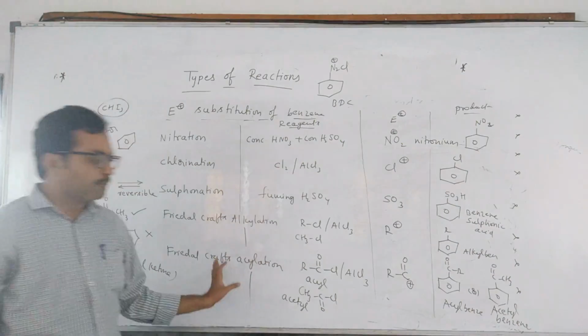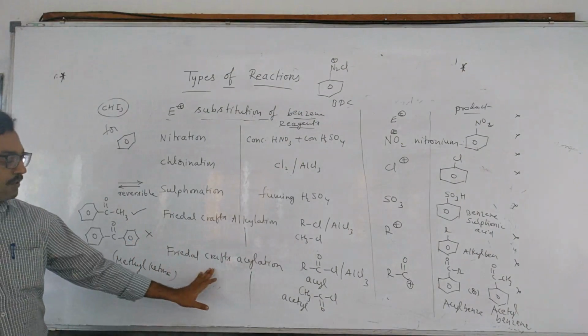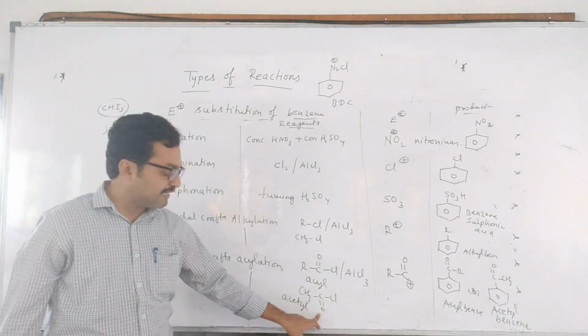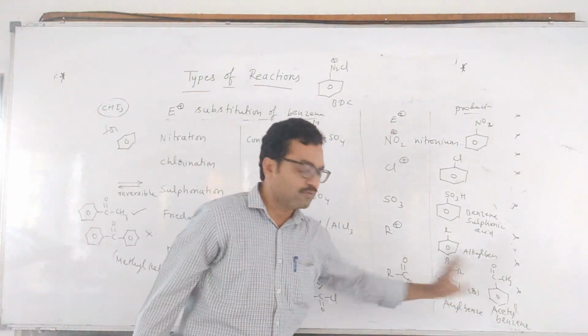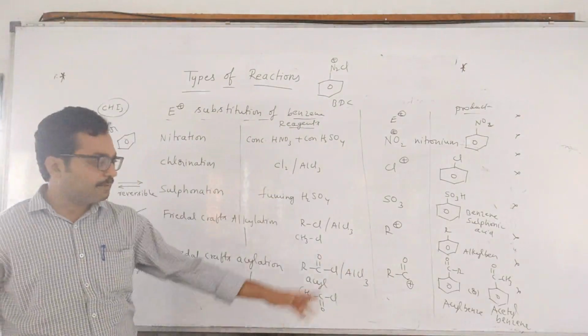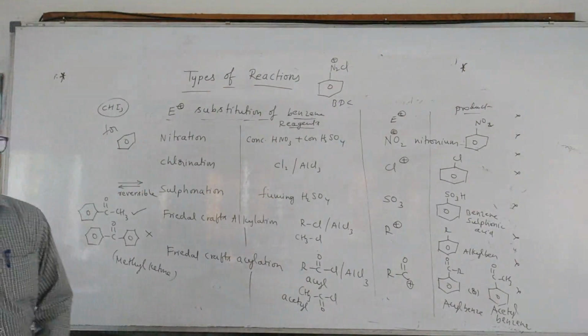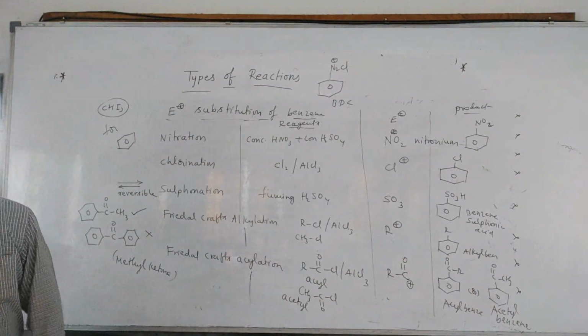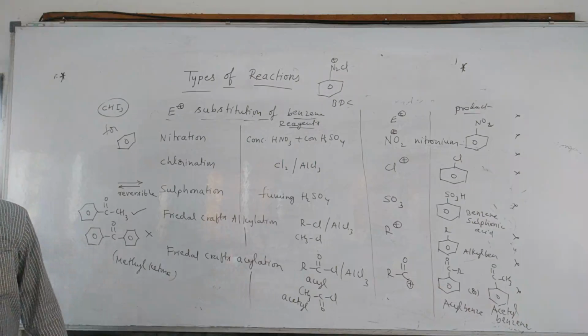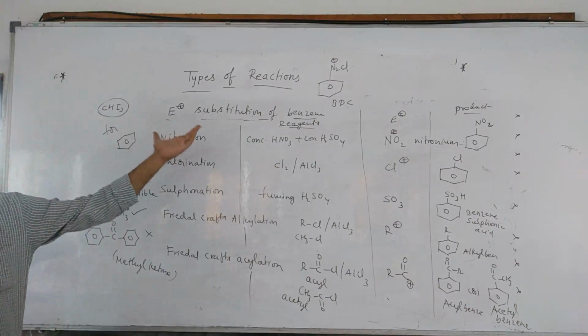So how to prepare acetophenone? Benzene on reaction with acetyl chloride gives acetophenone. What type of reaction is it? Benzene to acetophenone is what type of reaction? Which reactions are you studying?